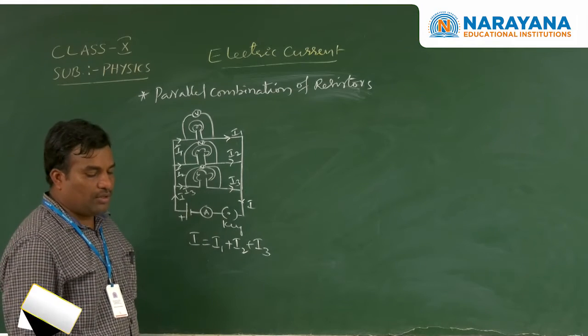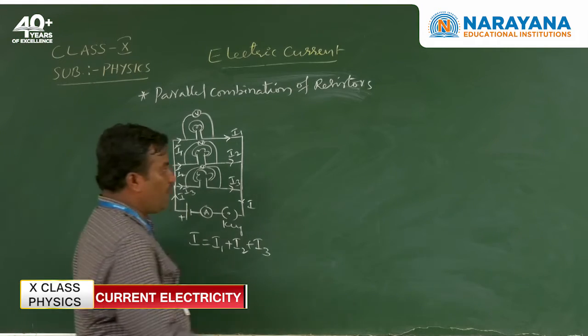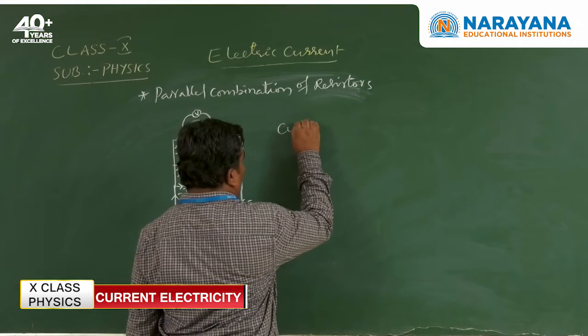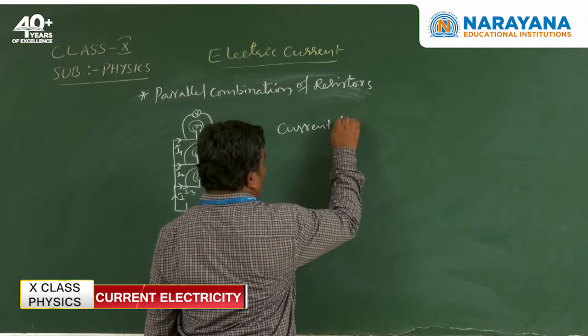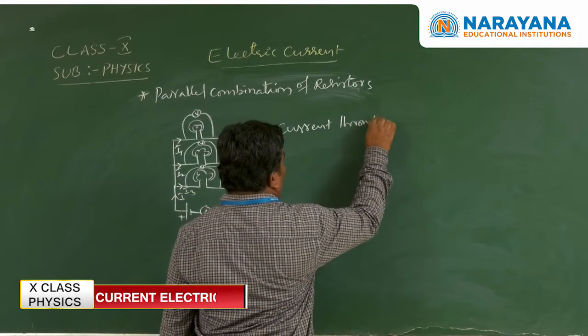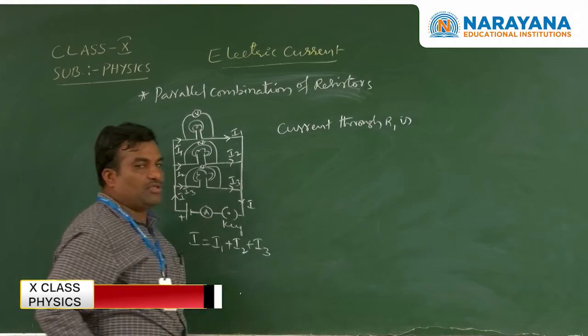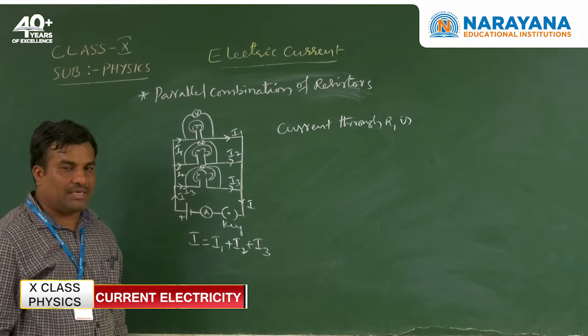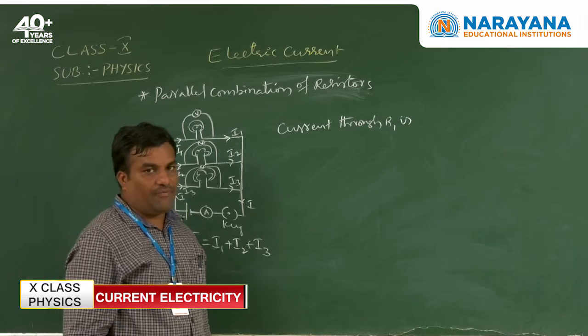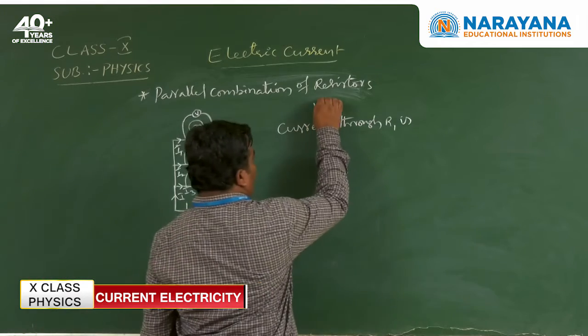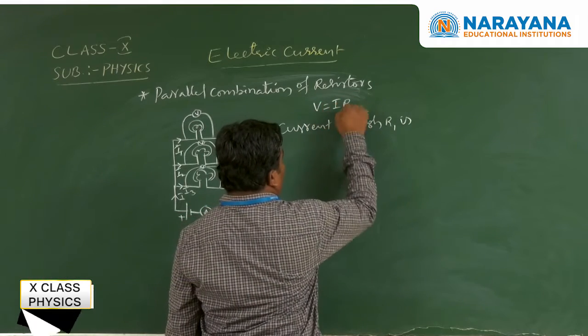Current through R1: you already know Ohm's law. V is directly proportional to I, so V equals IR.